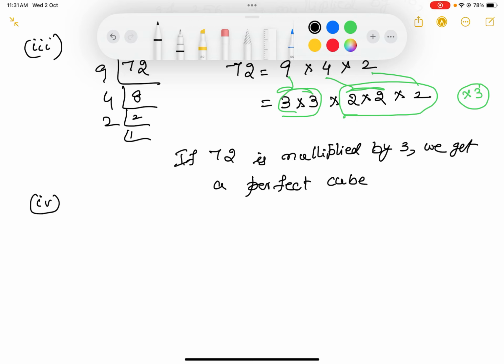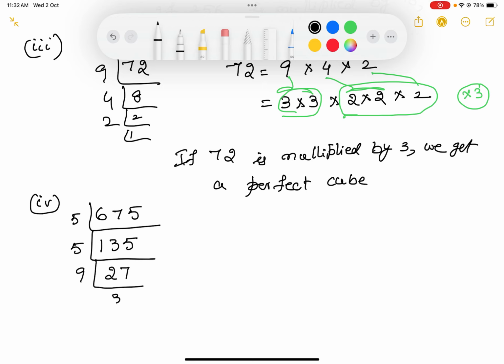What is that? That is 675. So again 675 means 5. With 5 you can do, right? So 5 1s are 5, 5 3s are 15 and then 5 5s are 25, again 5 2s are 10, and 35 means 5 7s are 35. So now it can be done with 9 3s are 27, 3 1s.